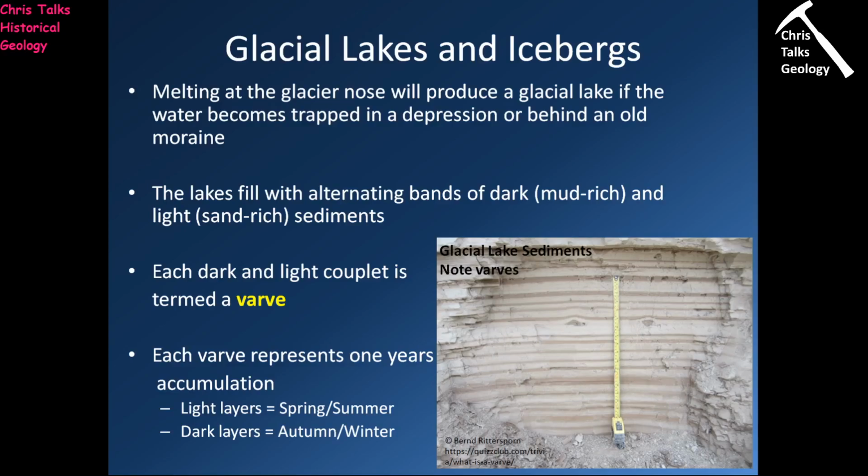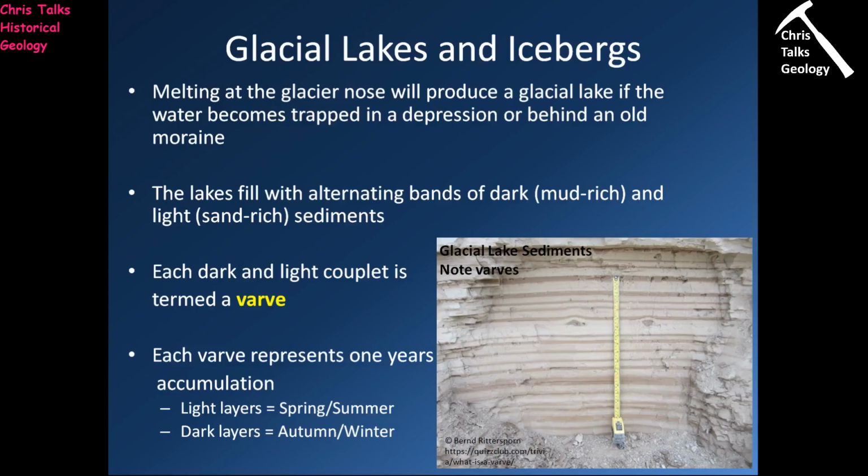That means the wind is moving around the water, so it's a low to moderate energy environment. This means that fine material like clays and silts will be held in suspension in the water. They will not be able to rain out onto the bottom of the lake. This means that any sediment being deposited in the lake during the spring and summer is going to be dominated by coarser clasts, mostly sands.